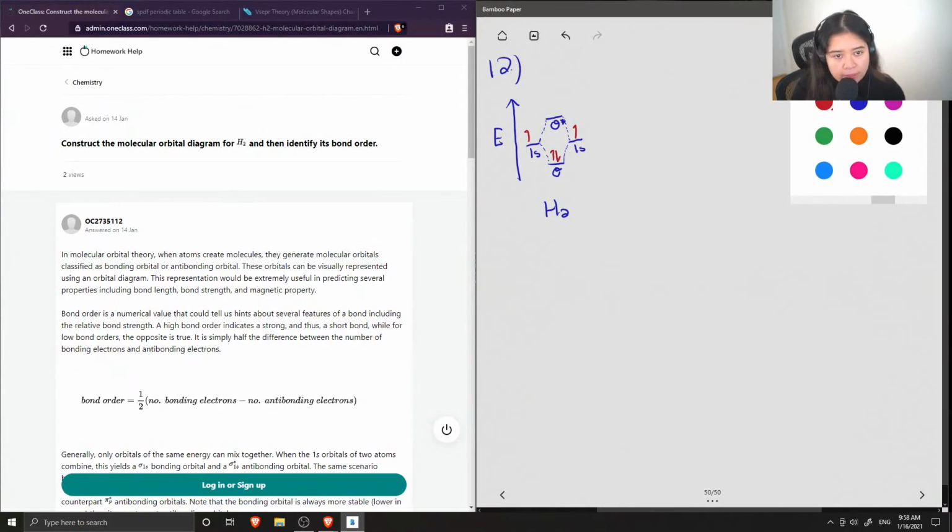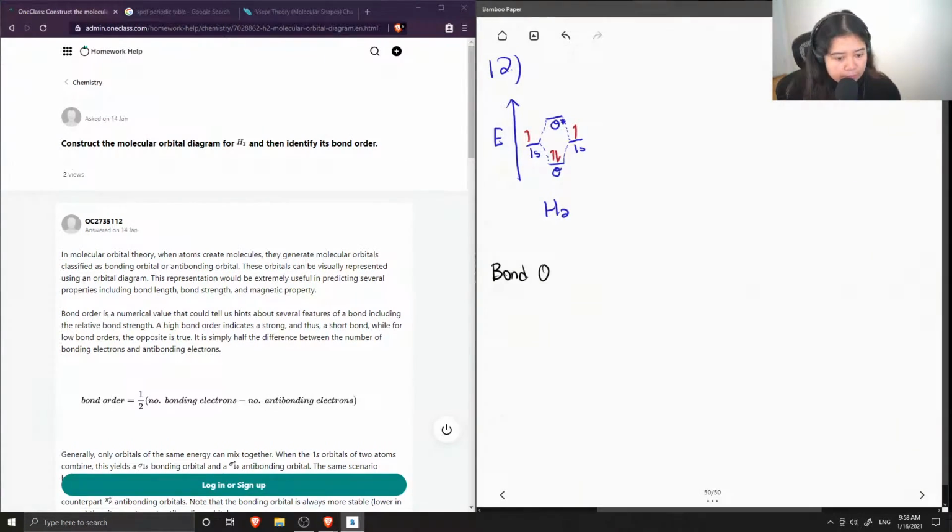And now we can calculate bond order. So the equation for bond order is the number of bonding electrons minus the number of anti-bonding electrons, all divided by 2.